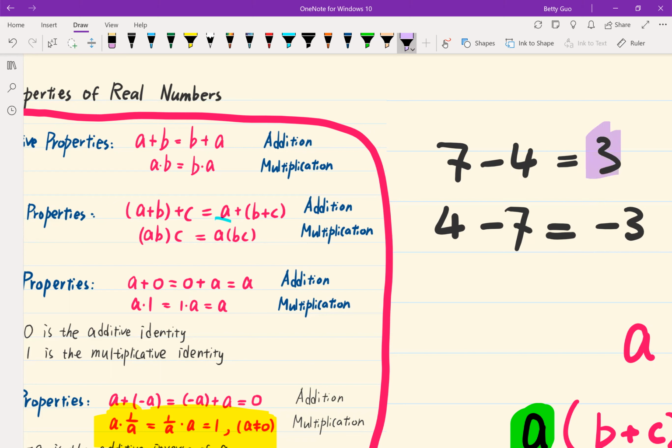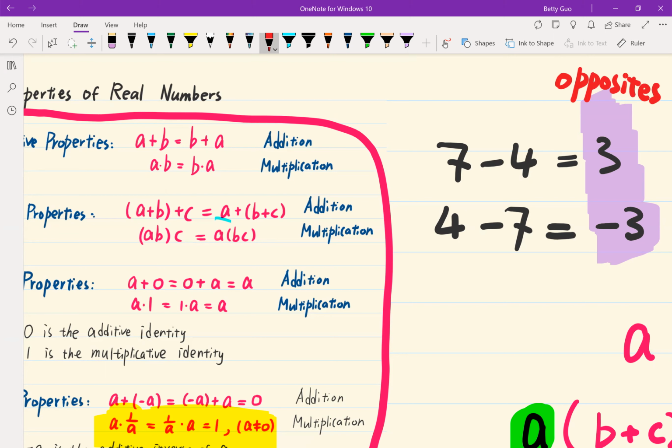What are they? We learned this concept. 3 and -3 are what? Opposites. Okay, yeah.